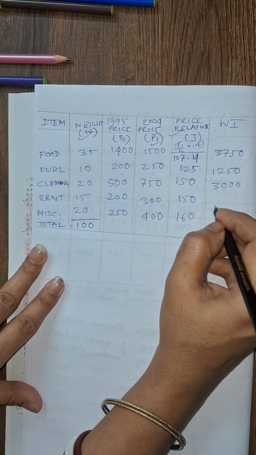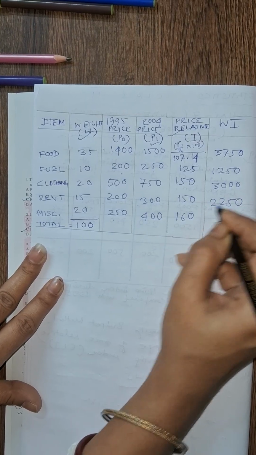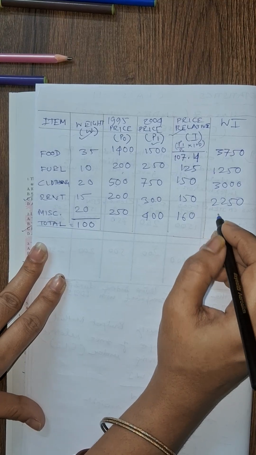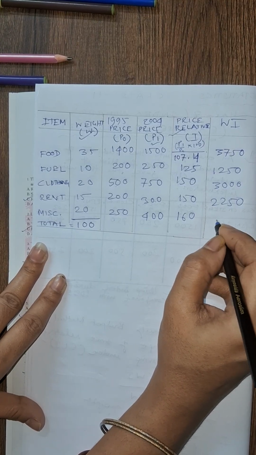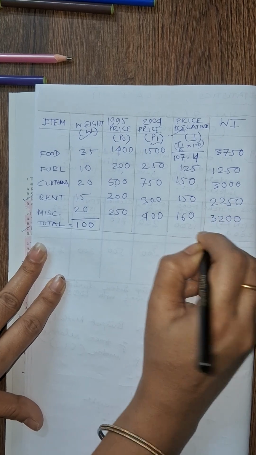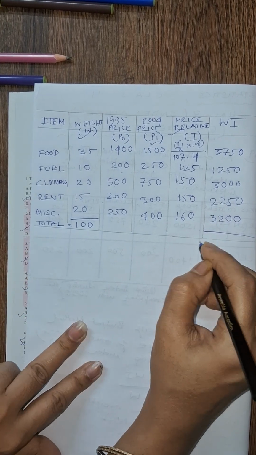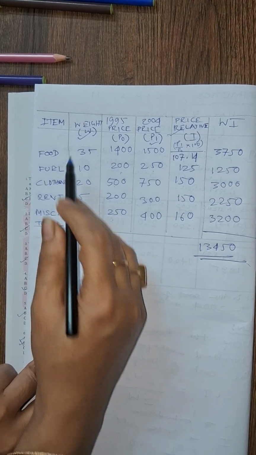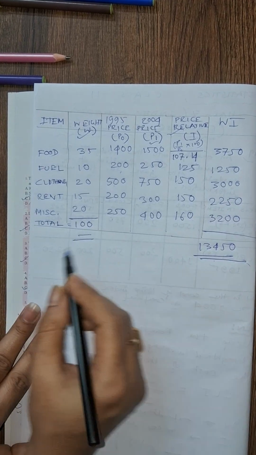Next, 150 into 15 is 2250. Next, 160 into 20 is 3200. So total WI is 13450. So we need these two values, W and WI.